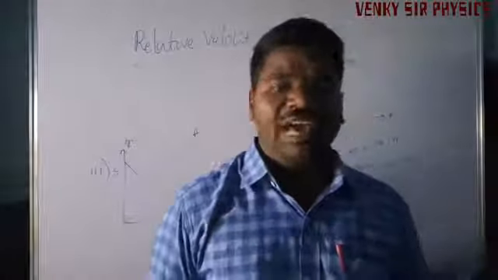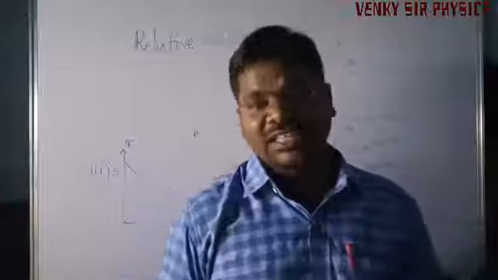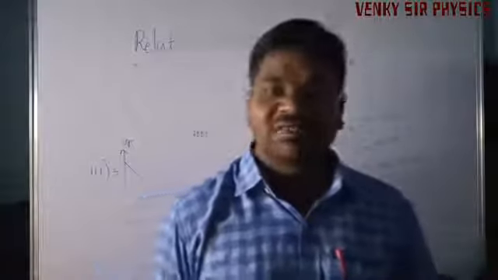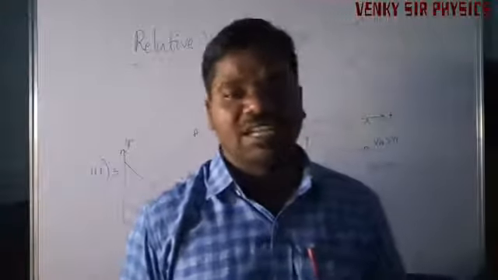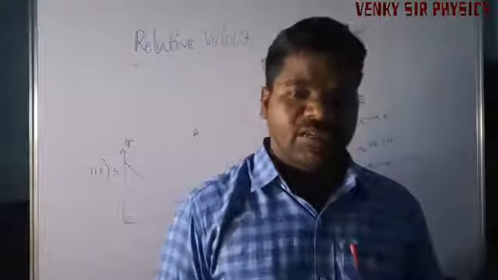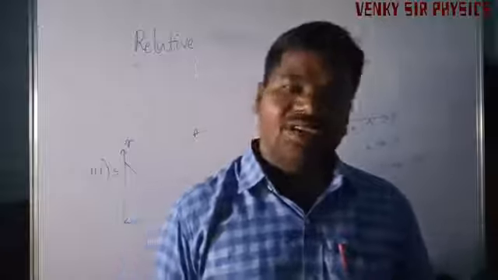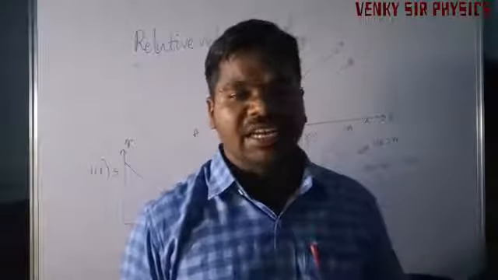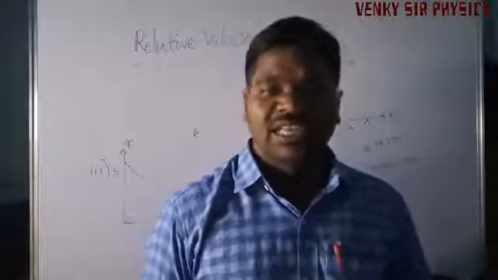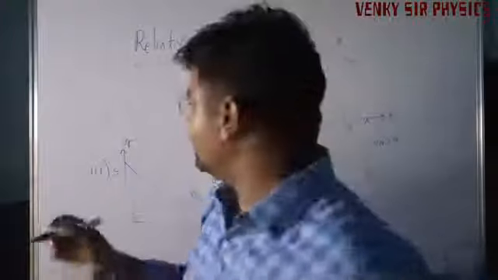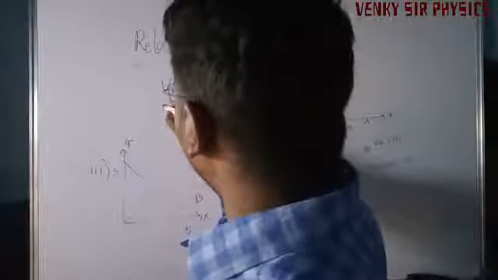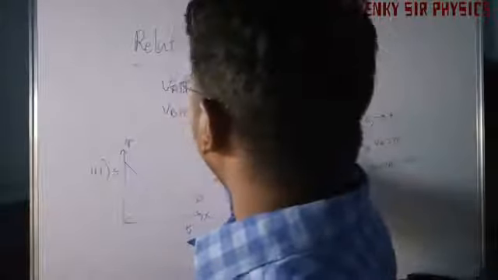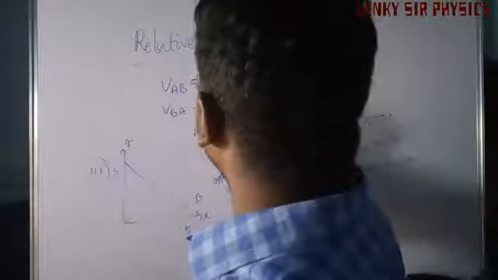Example: if an object A is moving with velocity vector Va and an object B with velocity Vb, then the velocity of object A relative to B is given as VAB, which is equal to VA minus VB. The velocity of B with respect to A is VB minus VA.